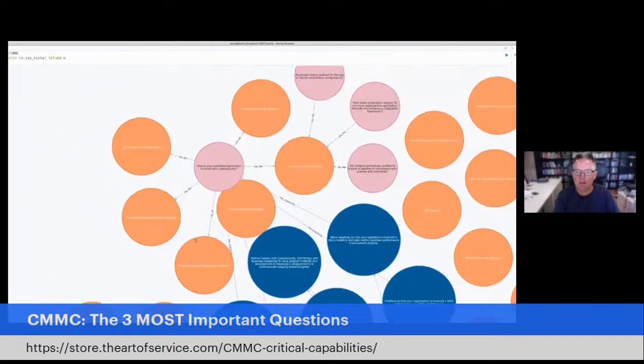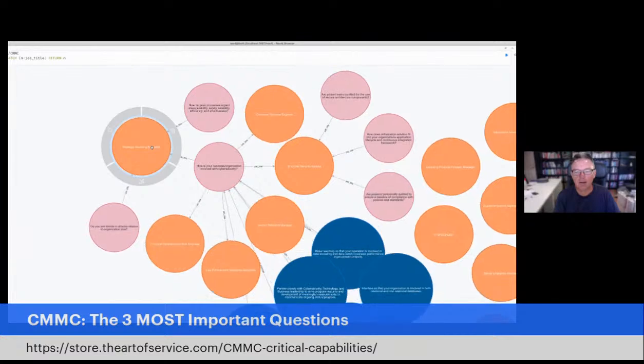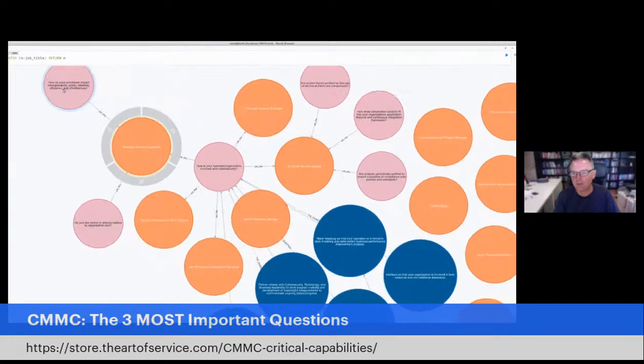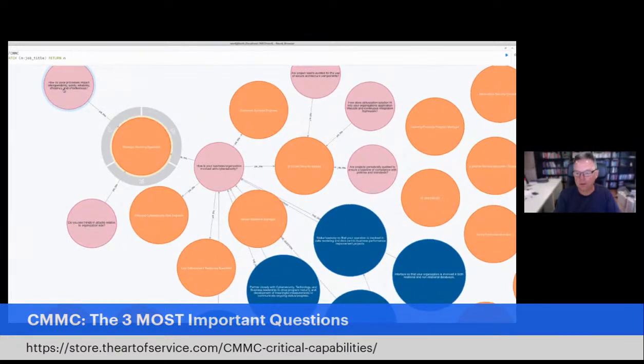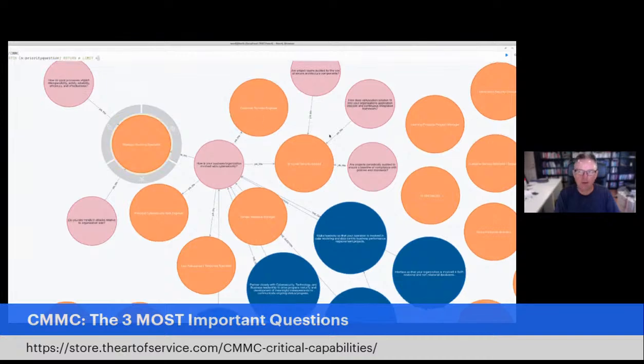And then what often happens as well is if I'm looking at it from an "I want to apply to this role" perspective, I can just have a look at the questions that are asked and prepare myself for the job interview. That's how people are using this one as well. So now you know the 4 most important questions related to CMMC.